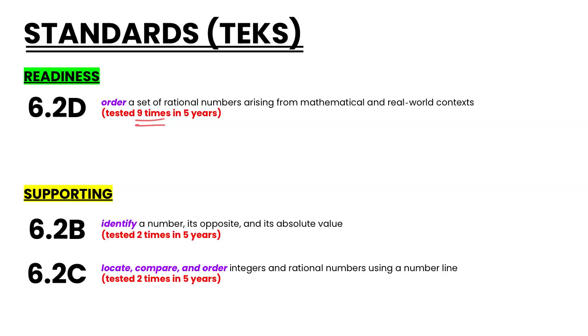And so as you're evaluating the effectiveness of your beginning of the unit here, your win really is going to be determined by 6.2D. We obviously want students to be successful in all of the TEKS, but we're really going to focus on 6.2D as the focus of our success.